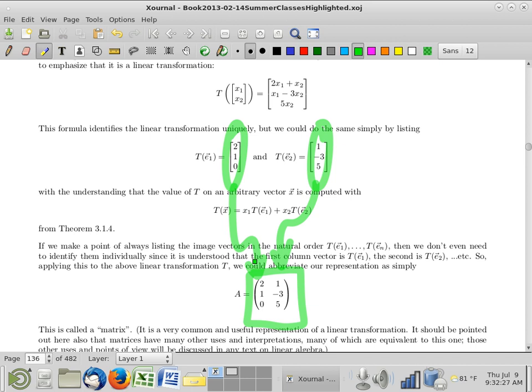And everything I could possibly want to know about the linear transformation is contained in that. I know what the image of the first standard basis vector is. I know what the image of the second standard basis vector is. I know it's linear, and therefore I can deduce the value of the linear transformation at any vector.